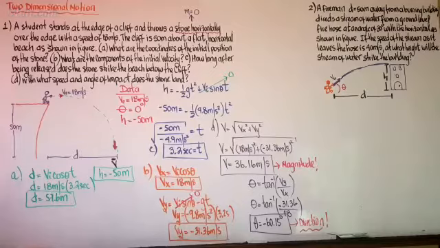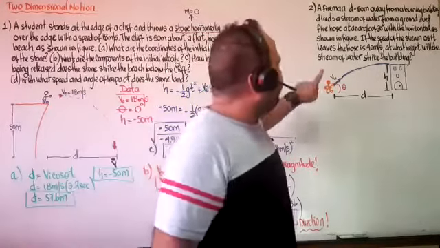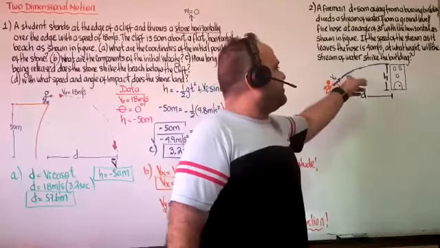In problem number 2, like your student says, a fireman a distance of 50 meters away from the burning building directs a stream of water from a ground level fire hose at an angle of 30 degrees with the horizontal, as shown in the figure. This is the fireman. This is the stream of water.